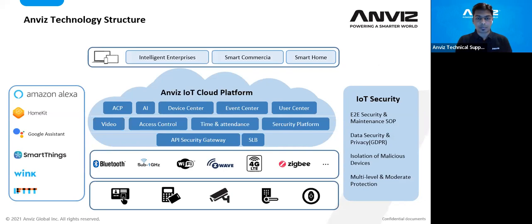As I said, Anviz has its own cloud platform, which covers access control, time attendance, security, and the user center, event center, and device center. So we can configure multiple devices and control them from the cloud platform. We also have cloud hosting and IoT security.